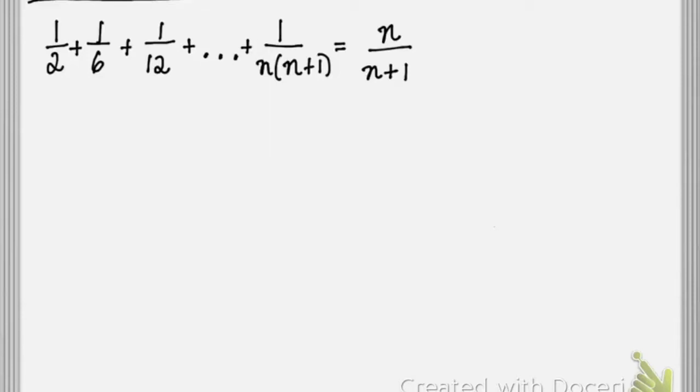So it's a three-step process. If you're using the text that I use with my class, it actually looks like a two-step process, but I talk about it as a three-step process. The three steps are always going to be, one, we're going to show that this is true for n equals 1.